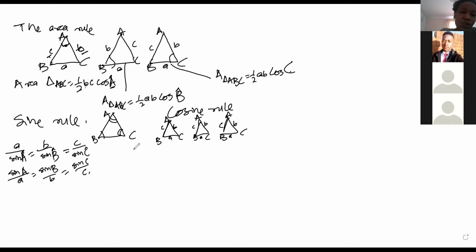You will have a squared equals b squared plus c squared minus 2bc cos A. So if you use a, you're not going to have a in the first part. If you have A, you're going to have a here.